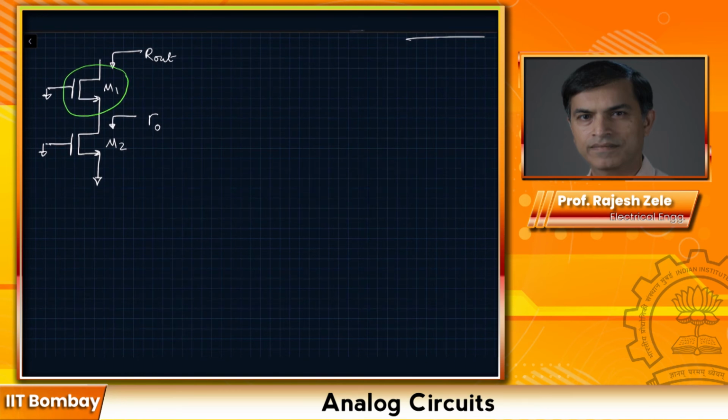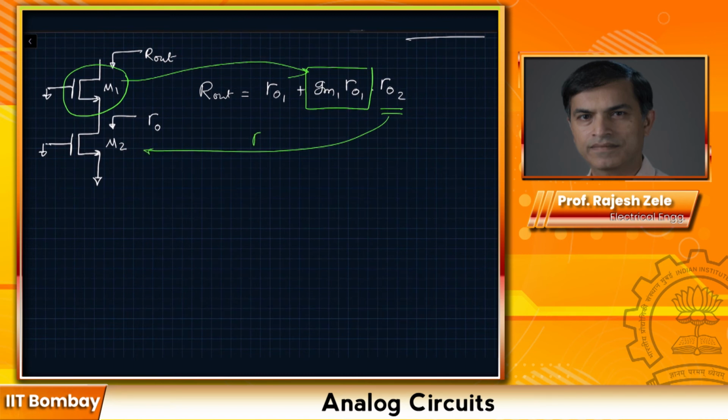So we can quickly recognize this pattern and say that my R out is going to be equal to RO1 plus GM1 RO1 multiplied by RO2. Again, GM1 RO1 is the self gain of this transistor. This is our source resistance RS.